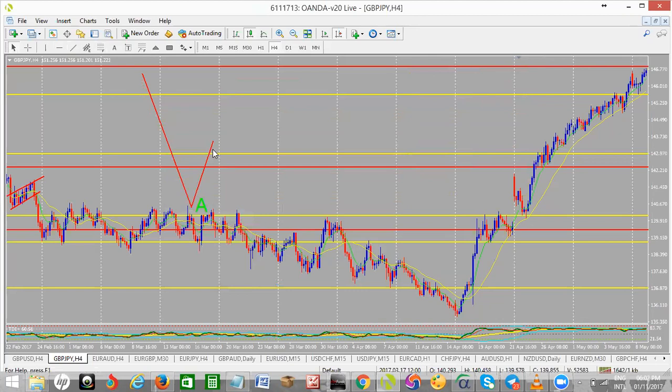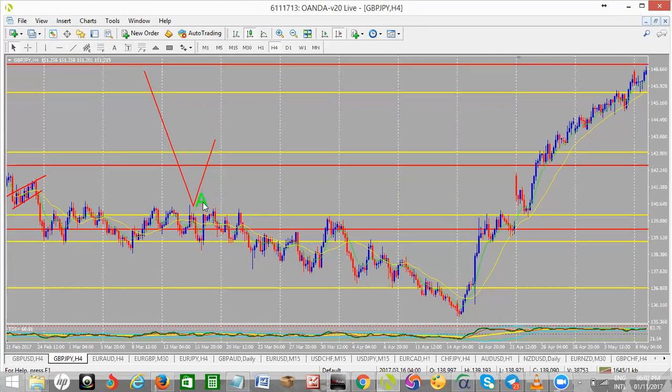your AB equal to CD pattern is only complete once you get the D leg. This is your impulse leg.